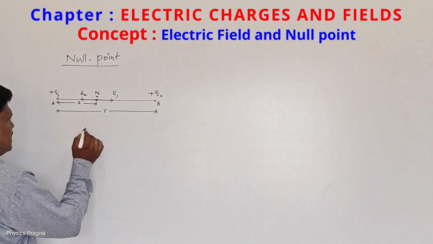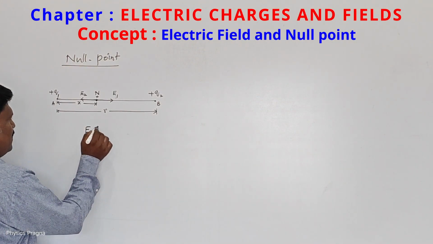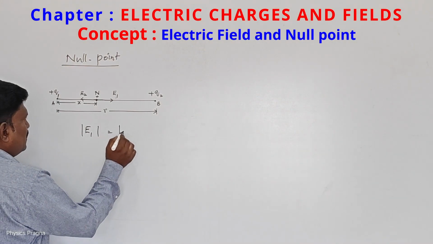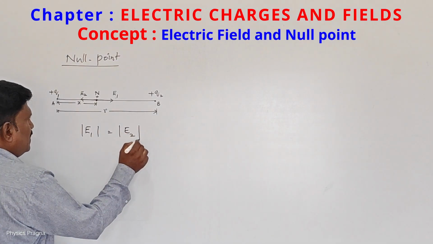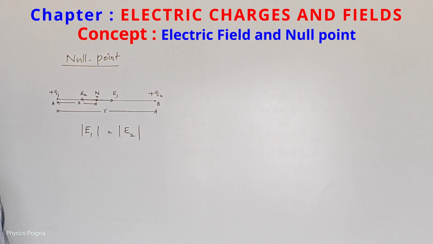So null point means the magnitude of E1 is equal to the magnitude of E2. I am not writing any bar over it, that means it is magnitude only. So if these two magnitudes are equal, then the net becomes 0. So the point where the net electric field becomes 0, that point we call a null point.